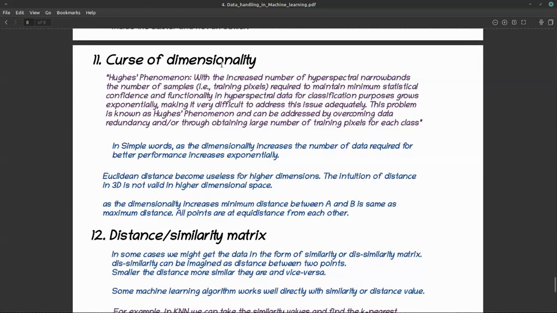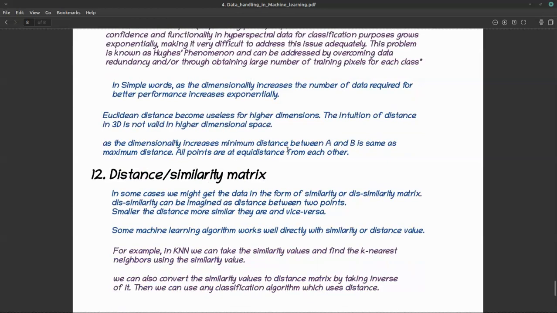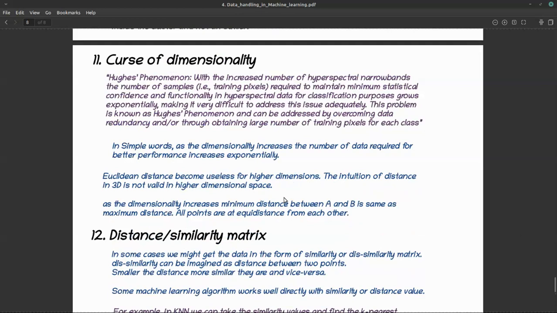So it is very hard to interpret or get intuition. But in higher dimensions it happens that everything is consolidated at a single point, right? So basically the simple Euclidean distance becomes useless in higher dimensions, the moral of the story.